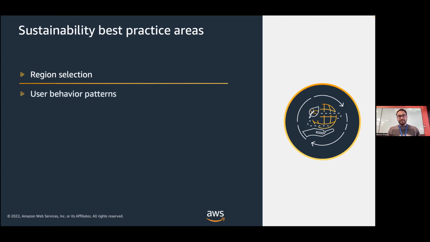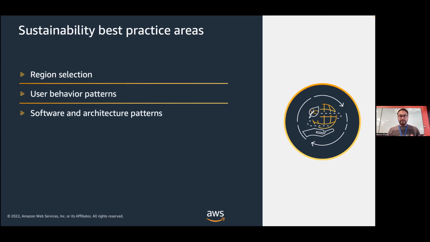So what kind of region are you going to use? That's first. Second is your user behavior patterns. We will dive deep into all of these shortly. The third one is your software design and your architecture patterns. Then how you move your data and how you store your data. How do you retain your data?